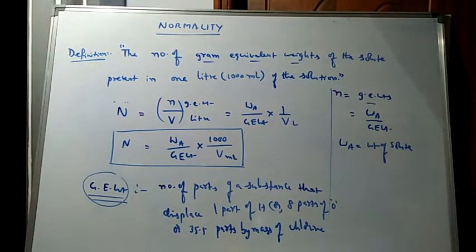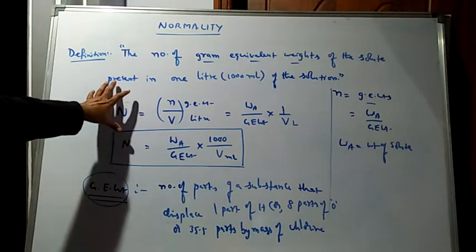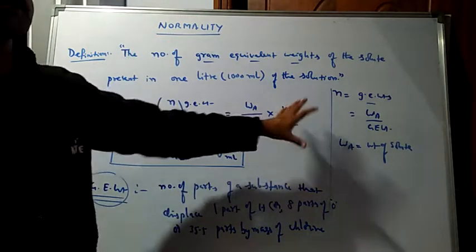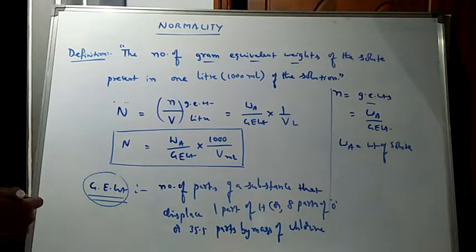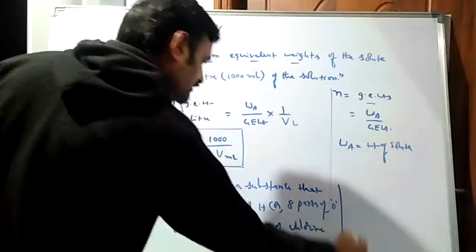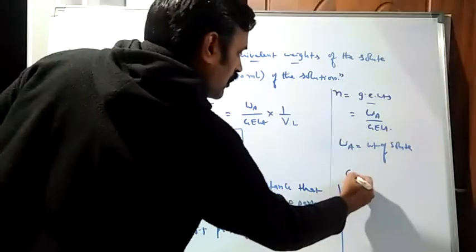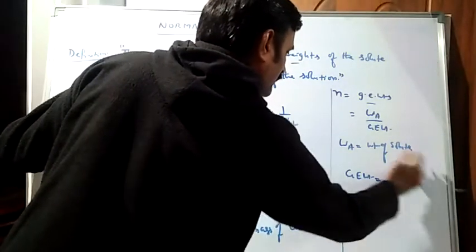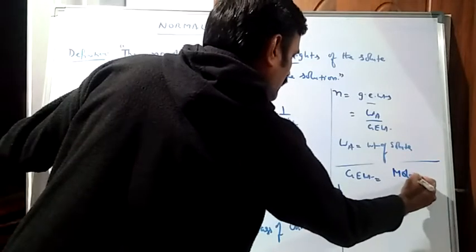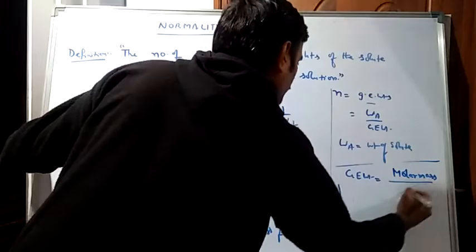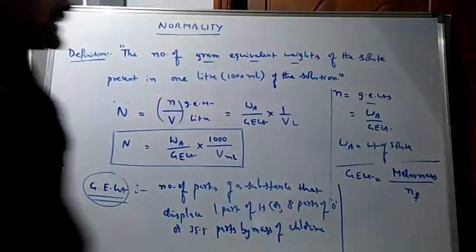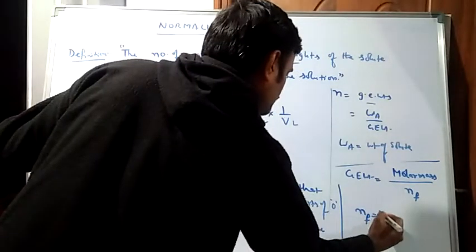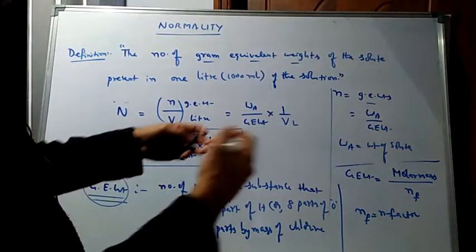So normality has specific information about gram equivalent weights. Gram equivalent weight is also obtained from the molar mass. We have a formula: molar mass divided by n factor. The n factor is different for different kinds of substances.